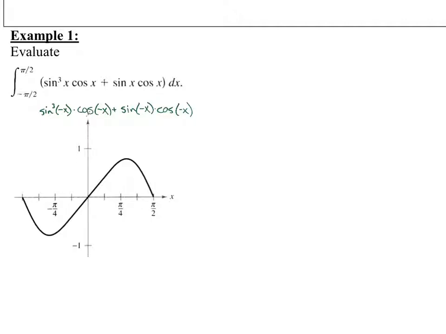So sine of negative x is the same as negative sine of x. Okay, so this is actually a negative sine x that's being cubed. Okay, and over here this is a minus sine of x. Now, what kind of function is a cosine? Even. It's even. So cosine of negative x is cosine of positive x, yeah.